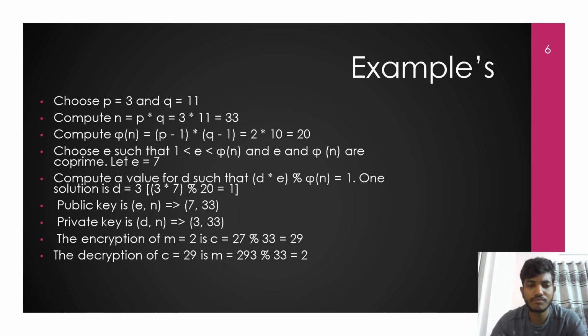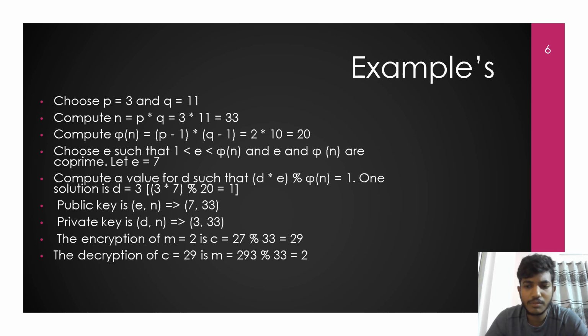Then we compute a value for d such that d times e mod phi of n is equal to 1. One solution is d equals 3, since 3 times 7 mod 20 is equal to 1. The public key is e comma n, that is 7 comma 33, and the private key is 3 comma 33.